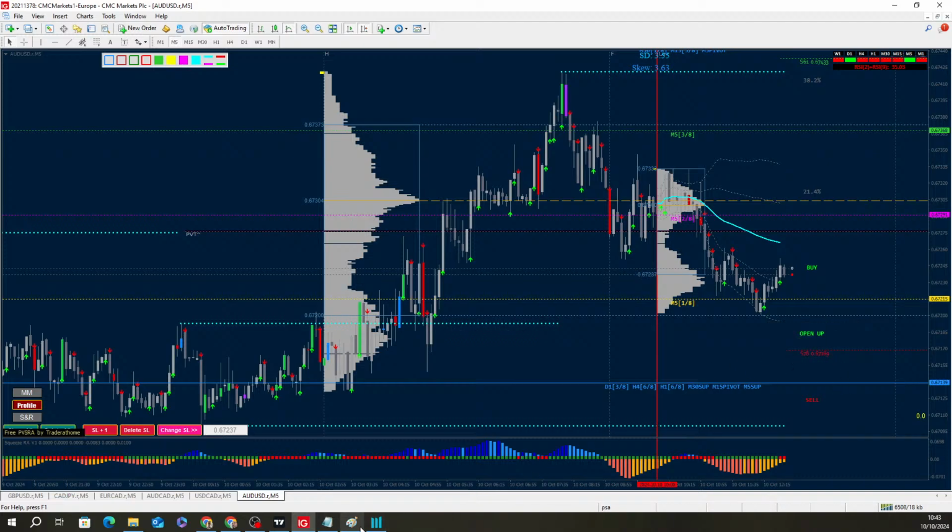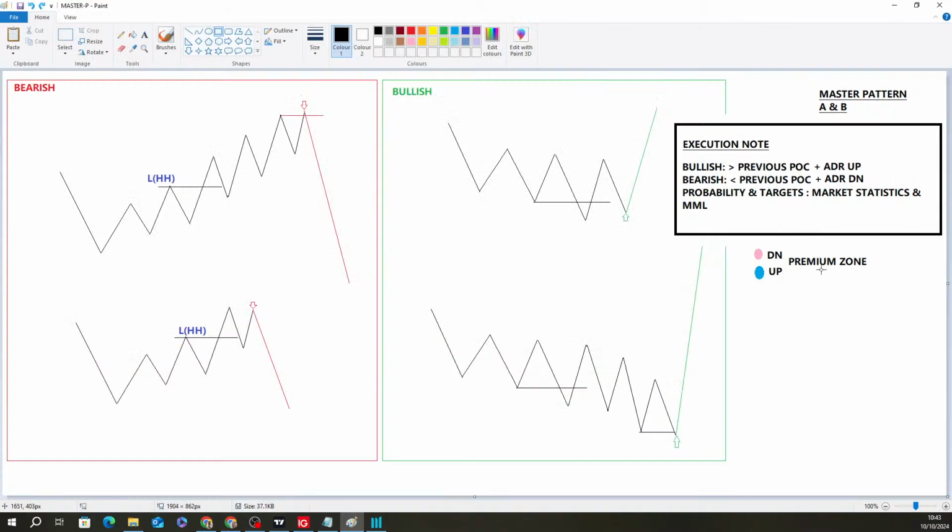You need to see these two criteria, okay, above the previous point of control and above the ADR open. Okay, that is bullish. That is high probability bullish. Then bearish is below the previous point of control, also below the ADR, and is down.